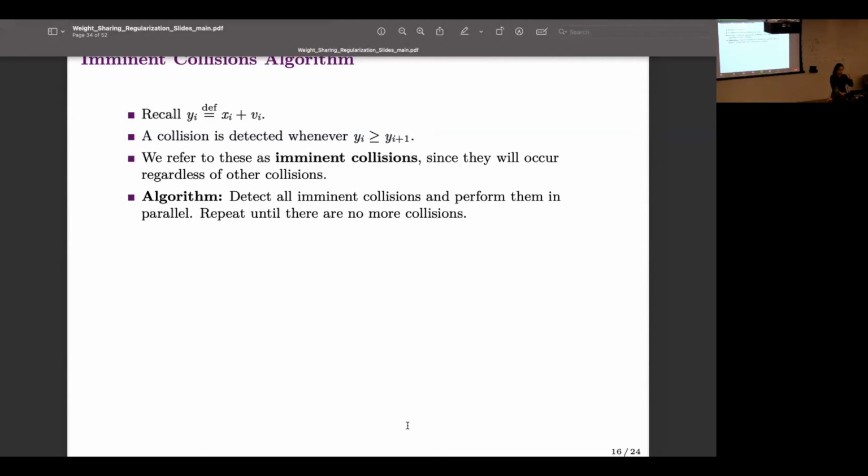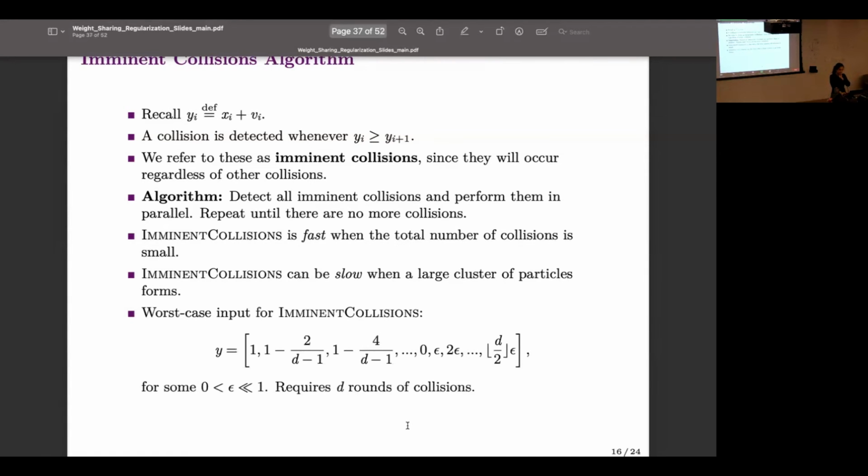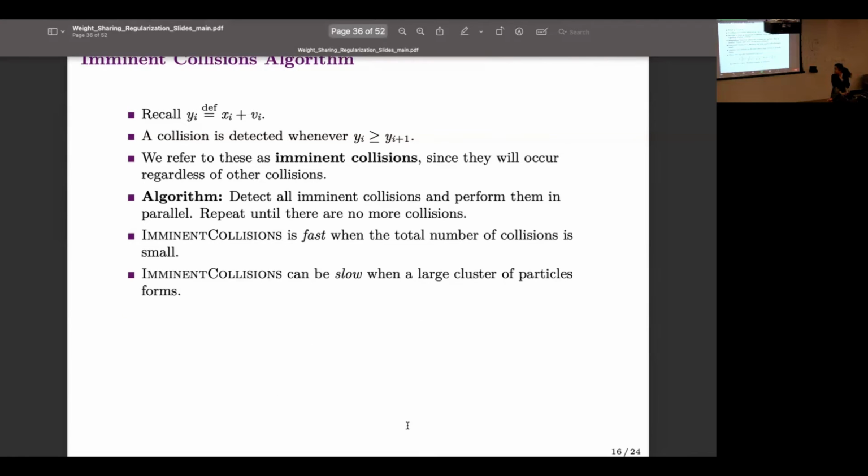If they collide, you merge them; if they didn't, you keep them in place. Imminent collision is fast when the total number of collisions is small, but it's slow when there are a lot of collisions and a large cluster of particles forms. I hope it's clear.